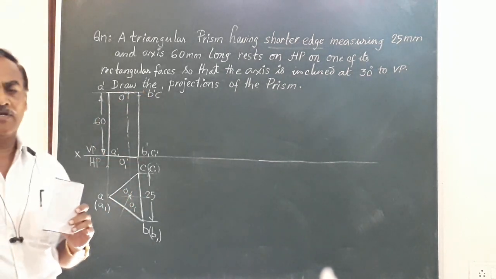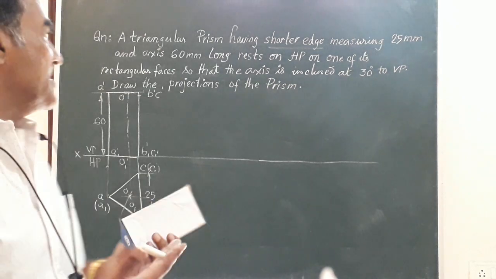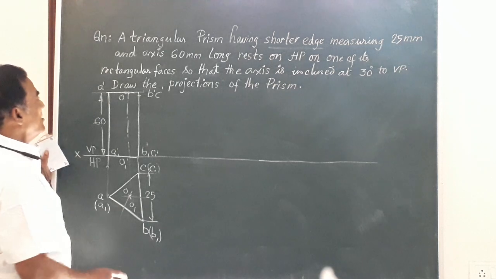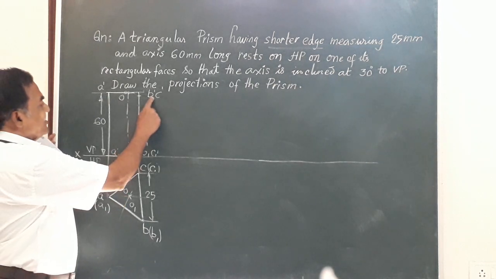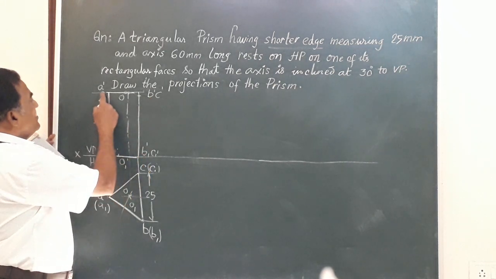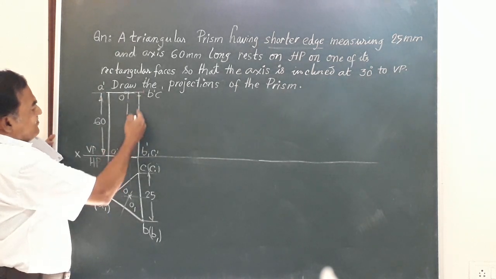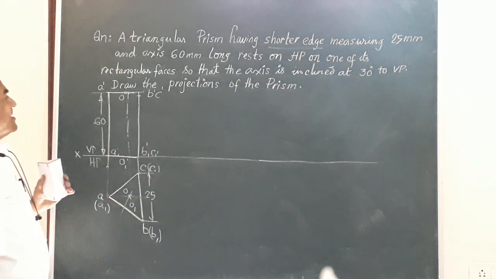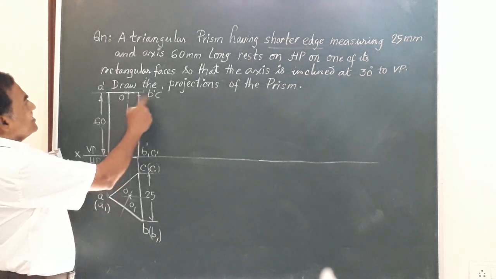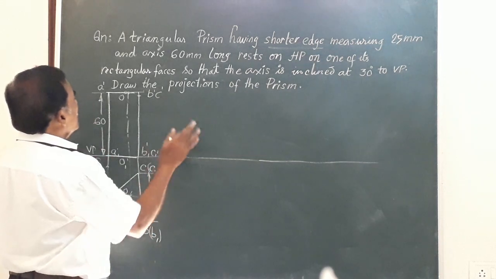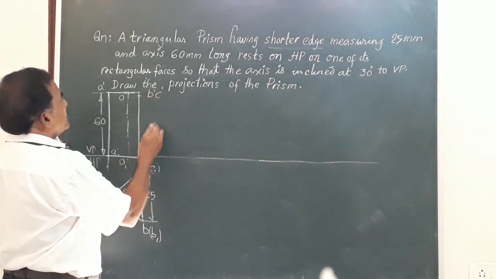Friends, you can observe in the front view, we have got two vertical lines. One is B dash C dash, B1 dash C1 dash. The other one is A dash, A1 dash. Here, the right side line represents a rectangular face because you have got 4 points on it. Which are these 4 points?